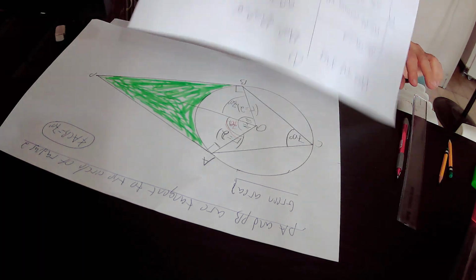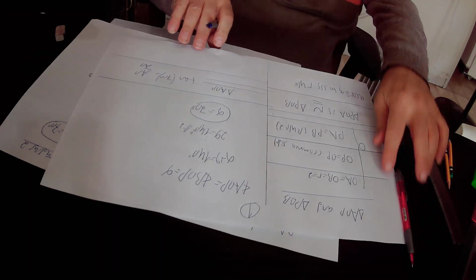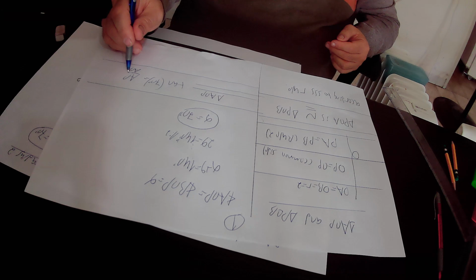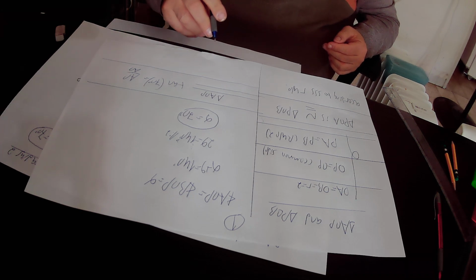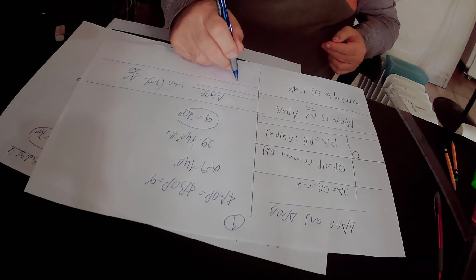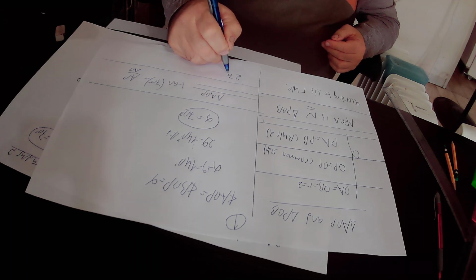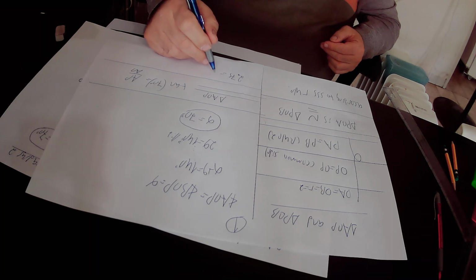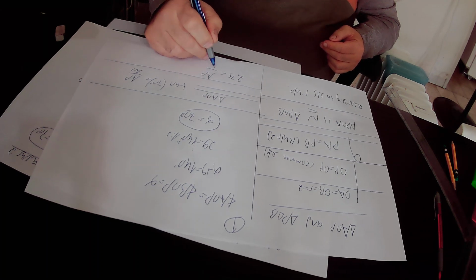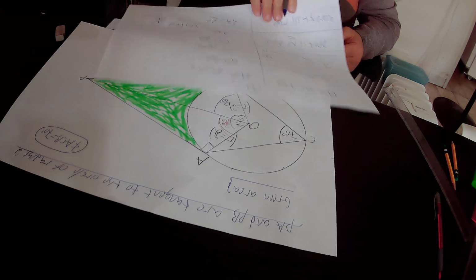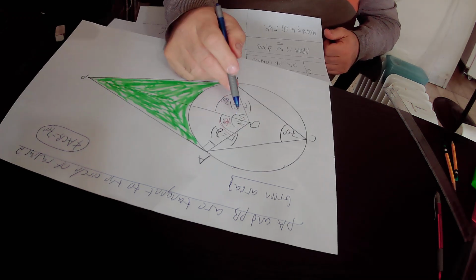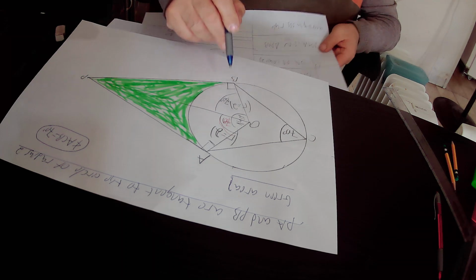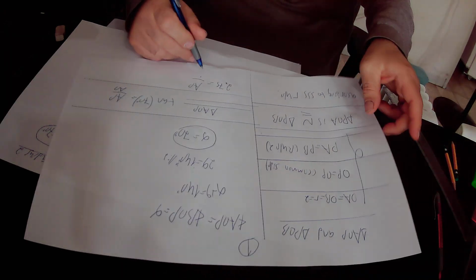Again, in the right upper triangle AOP, tangent 70 degrees equals AP over AO. Tangent 70 degrees is 2.75, and it is equal to AP, the missing side, so we leave it as it is, over AO. AO is the radius of this circle, which is equal to 2. R equals 2, so we substitute AO by 2.